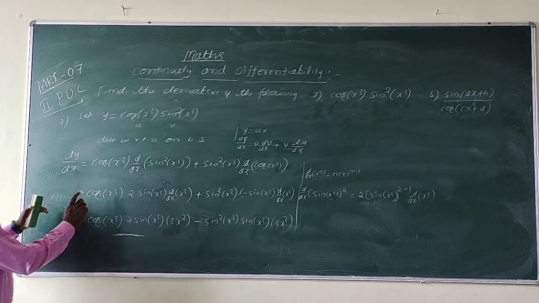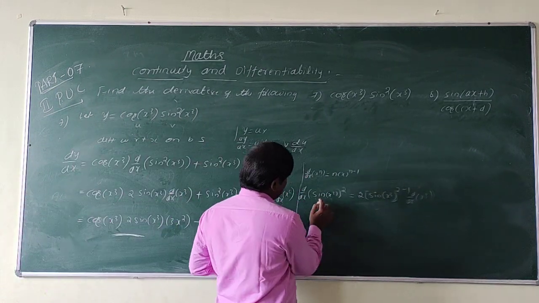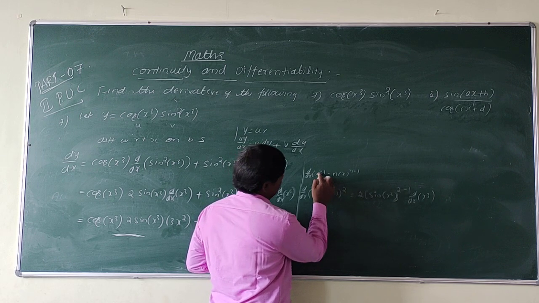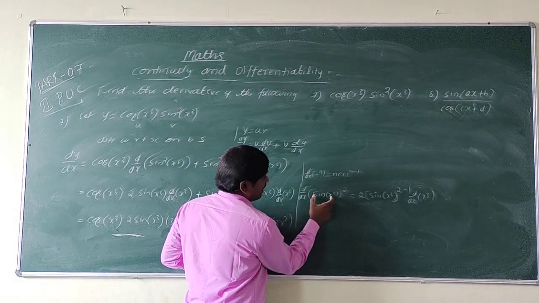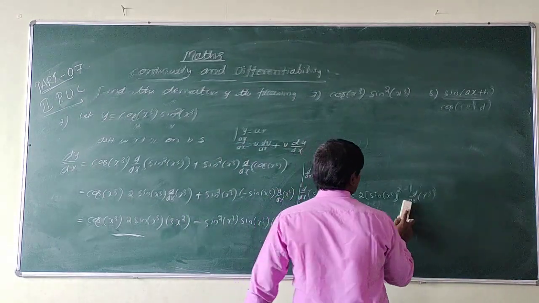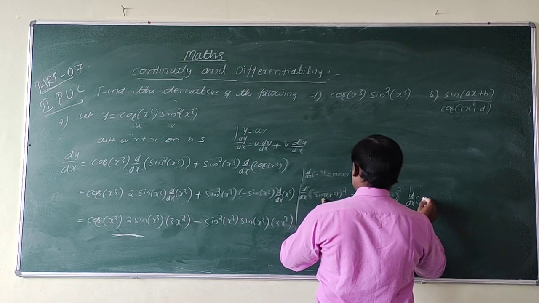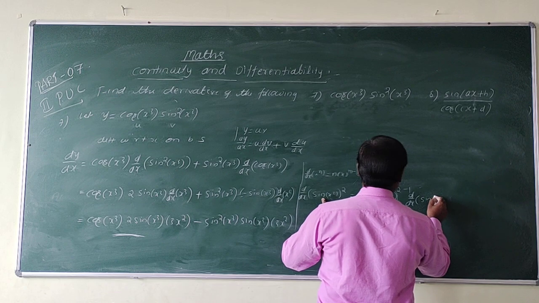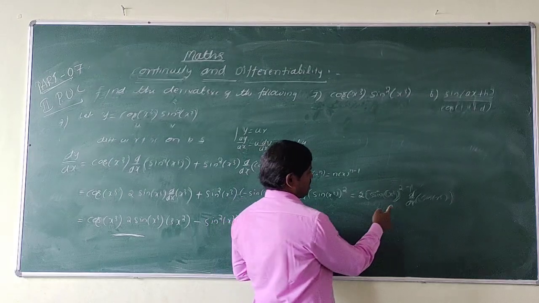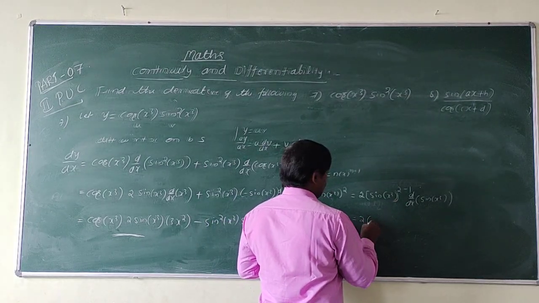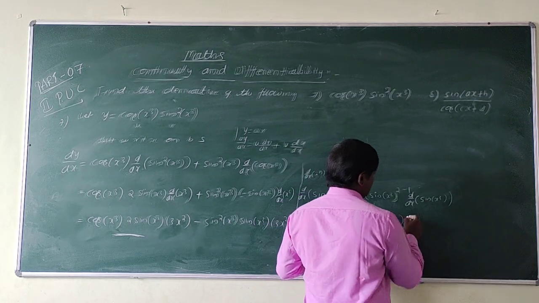Just wait. Here this is x to the power of n, so we are going to differentiate the term x to the power of n. We are not going to differentiate only sin x; this is sin x cube, so we again differentiate, d by dx of sin x cube. So this is equal to 2 into sin x cube into differentiation of sin x cube.